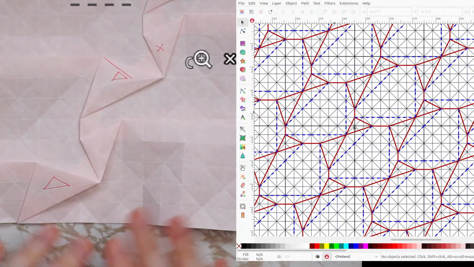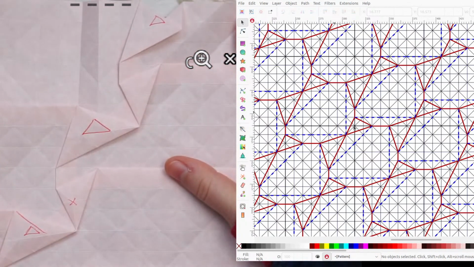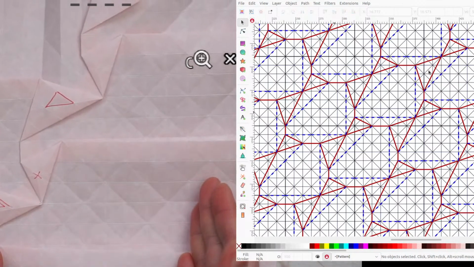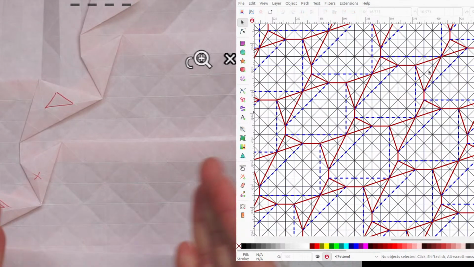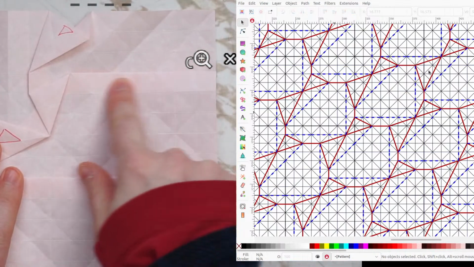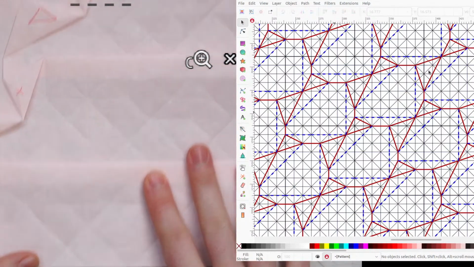So now that we have this structure set up, we've got this column structure. We want to jump over to the next column. And I'm going to choose to work on my right-hand side because I'm right-handed and that's my preference for folding. So I'm going to start with the shortest pleat of this set of parallel pleats.